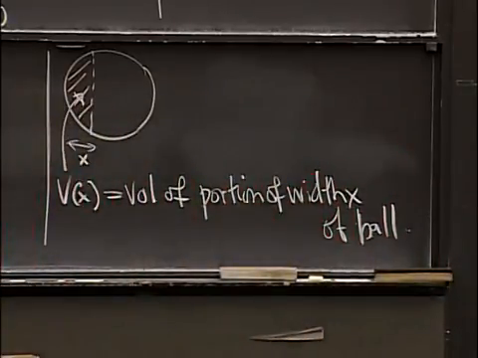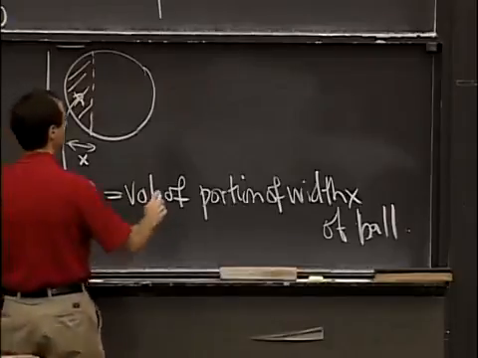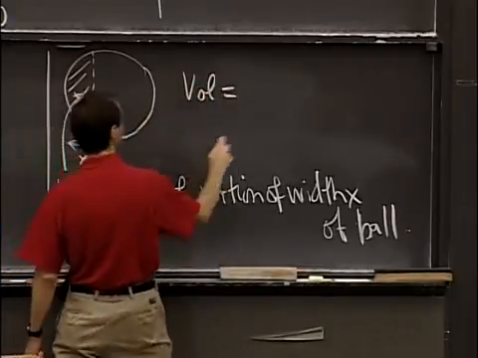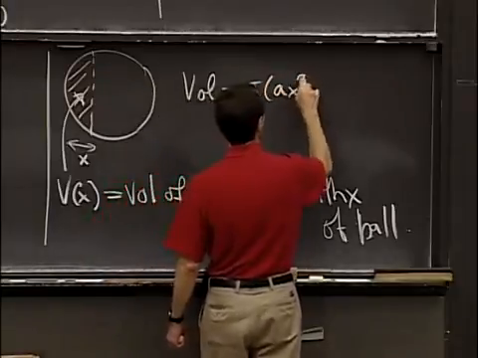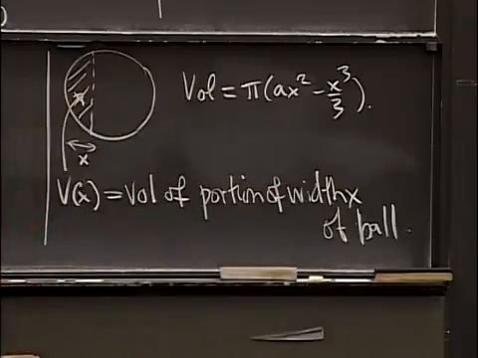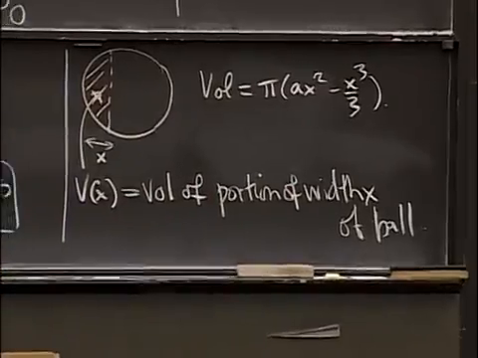And the formula for it is that the volume is equal to pi times ax squared minus x cubed over 3. That's it. So we've got something which is actually a lot more information.